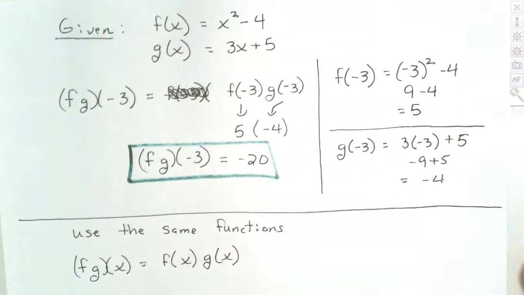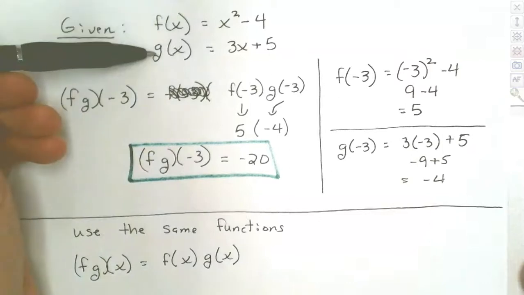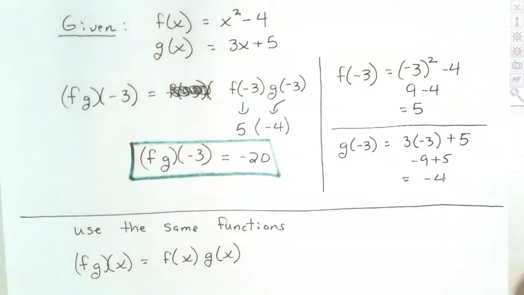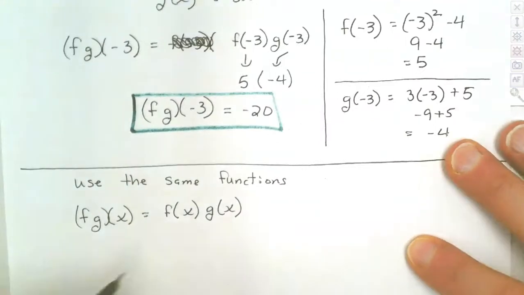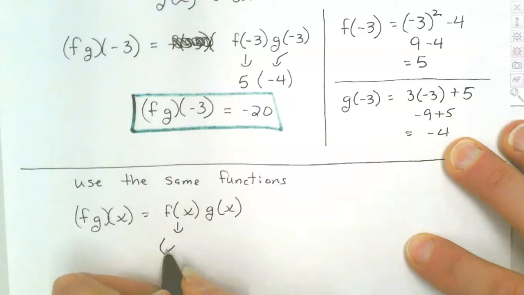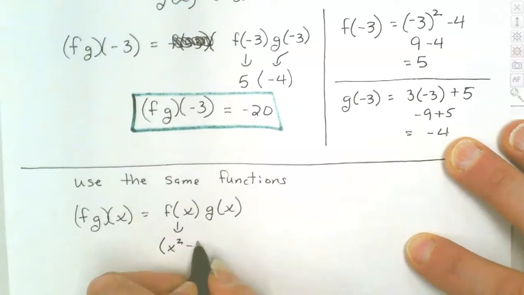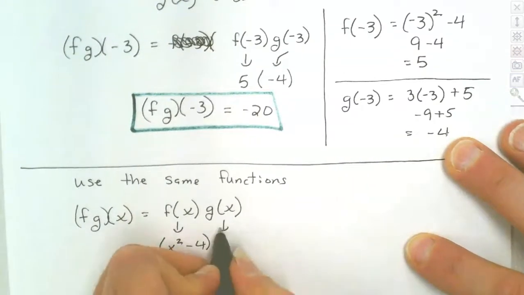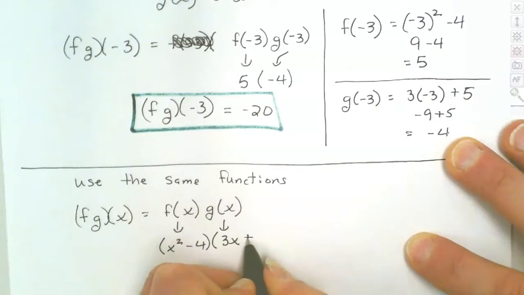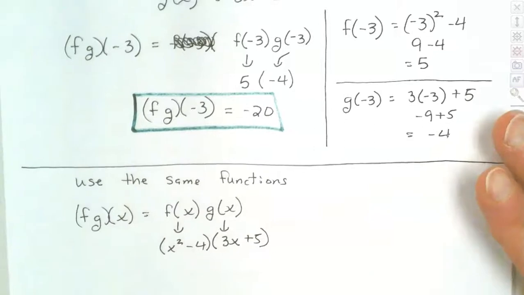Remember, those are our original functions here. So these are the ones we're going to be using. And we're going to have to FOIL it and then combine like terms. So let's go ahead and write this out. F of x was x squared minus 4. G of x is 3x plus 5. And now we've got a FOIL.